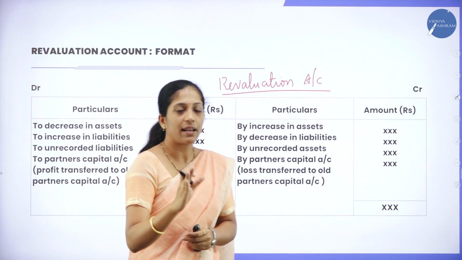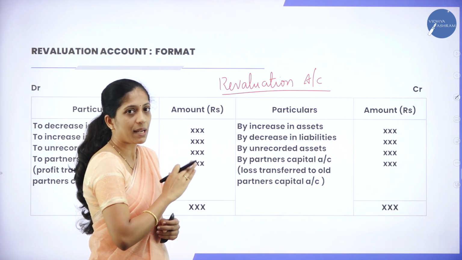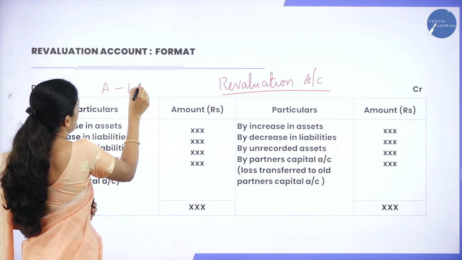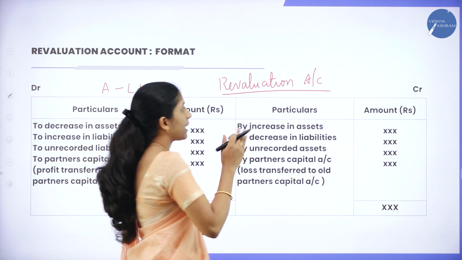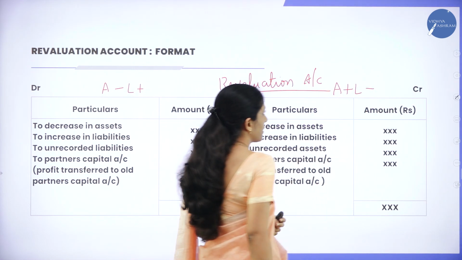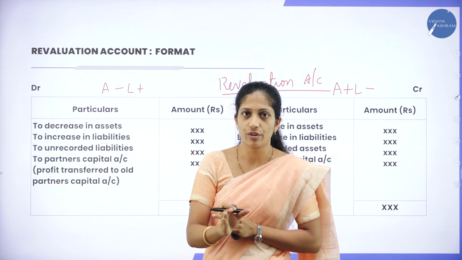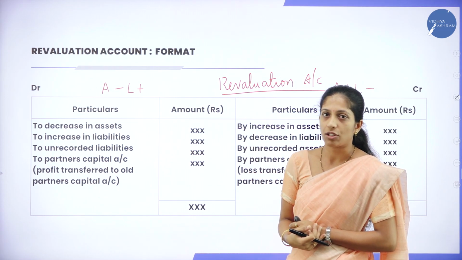For easy remembrance, I'll give a clue here. In order to record in your debit side, just remember A minus, L plus. A minus, L plus in the debit side, and coming to the credit side, A plus, L minus. If you just remember these two clues, it's very easy to record all the items in your revaluation account.